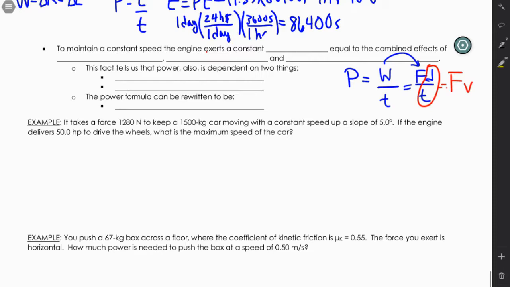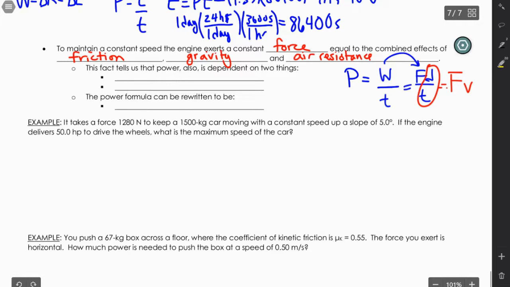So what does that mean? It says to maintain a constant speed, an engine needs to exert a constant force equal to the combined effects of 3 things. Those 3 things are friction, gravity, especially if you're going up hills, and air resistance. Most cars are not aerodynamic to the point where you can ignore air resistance.